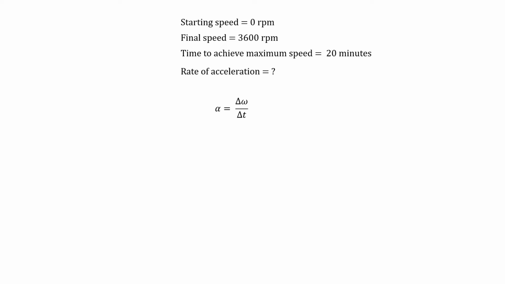We will be working with the expanded equation. Total angular acceleration, alpha, equals the final angular velocity, omega 2, minus the initial angular velocity, omega 1, over the final time, t2, minus the initial time, t1.